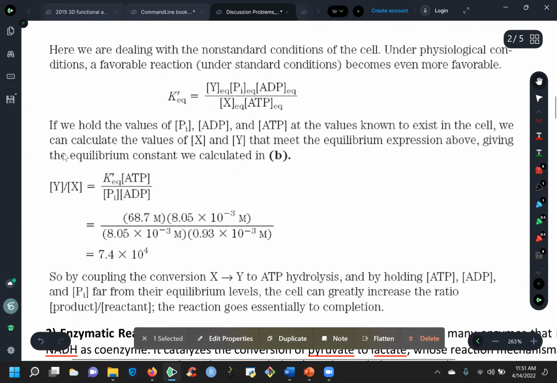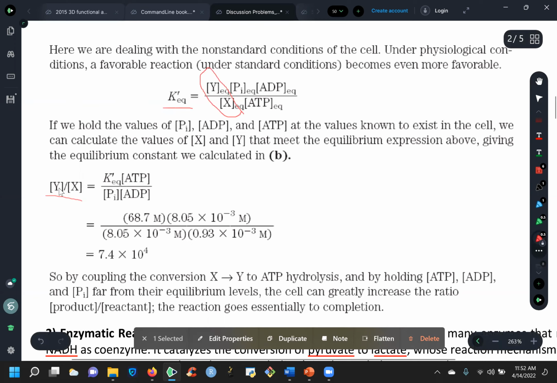It says if we hold the values of phosphate, ADP, and ATP at the values known to exist in the cell, we can calculate the values of X and Y that meet the equilibrium expression above, giving the equilibrium constant we calculated in B. Here, they started off with this and plugged that in, extracted the Y over X ratio, and put it over here. You just have to memorize it because you have to do algebra that I don't remember how to do.